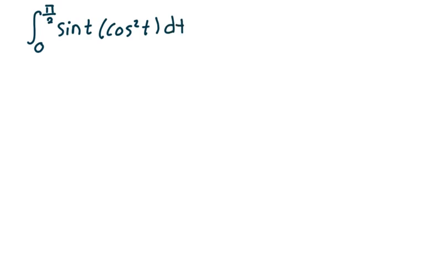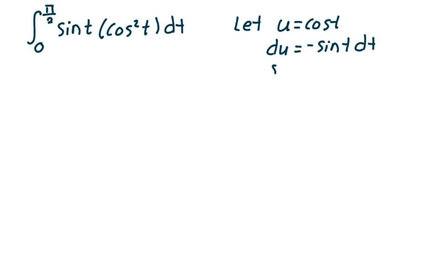We'll do this by u-substitution. We're going to let u be cosine of t. du is negative sine t dt. So sine t dt is negative 1 du. Now, we're going to transform this integral in terms of u. That means we have to do everything in terms of u.